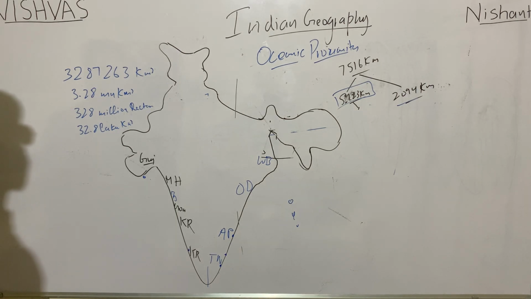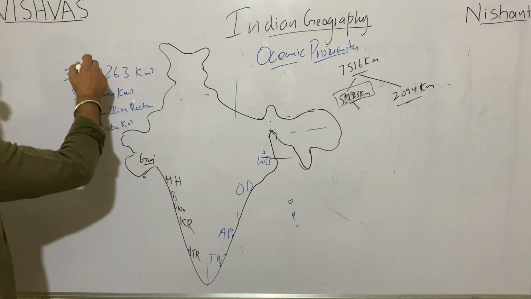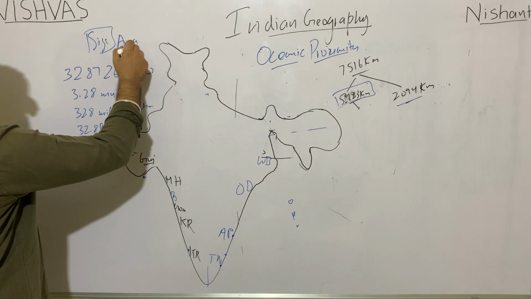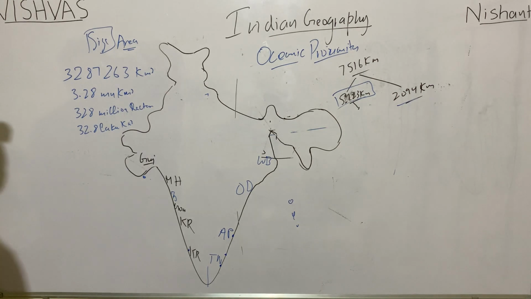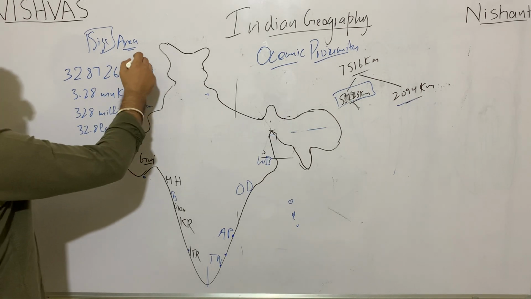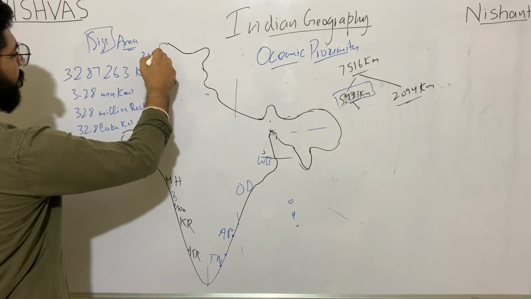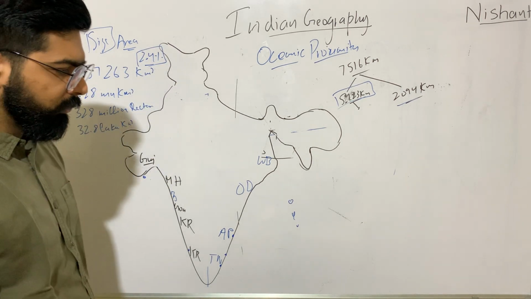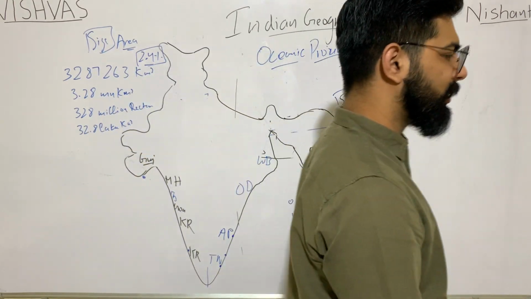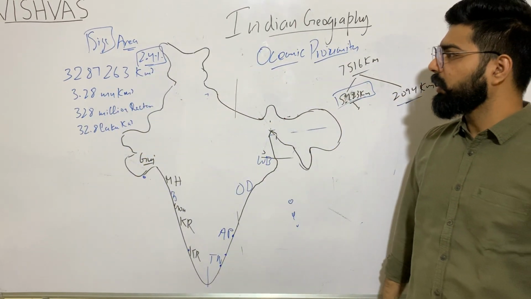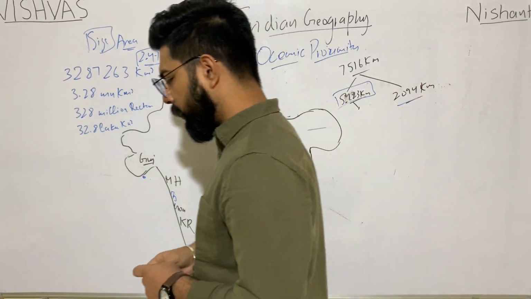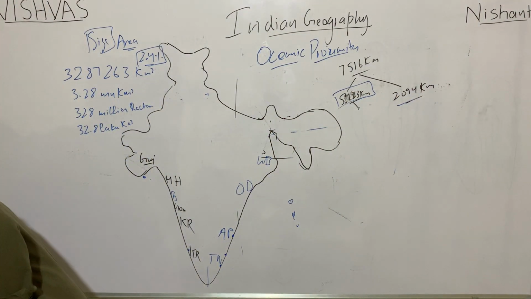This is the size of India, area-wise, and it accounts for 2.4% of the total land, and it is the seventh largest in the world. Now, which countries are above India?